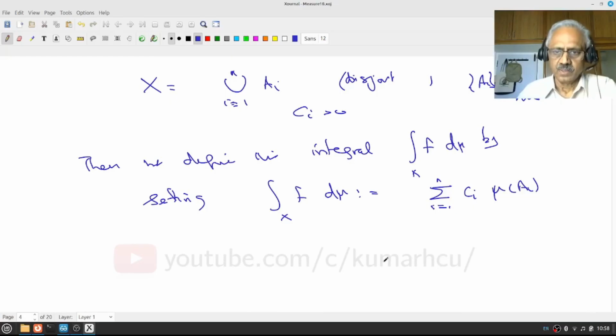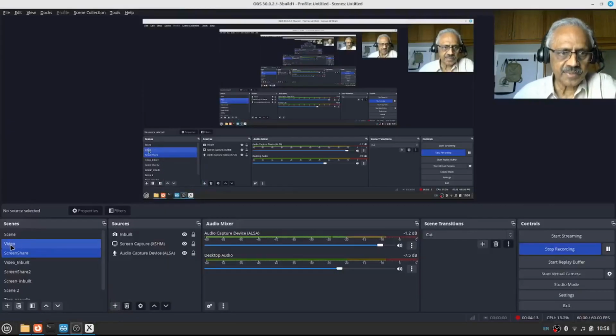Right? So think of the picture, have some kind of an idea. I have some partitions, and on each of them there is this is my C1, this may be my C2, this may be my C3, this may be C4. So when I want the volume, what do we do? The area of this region times the height. That's what we are doing. Exactly a similar thing is what we are doing here.